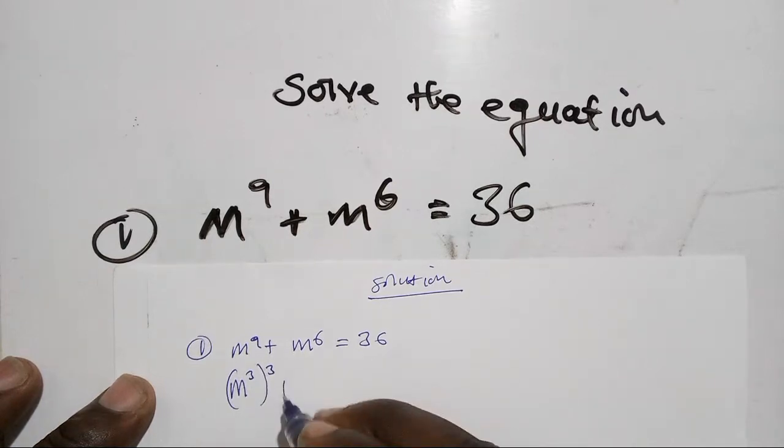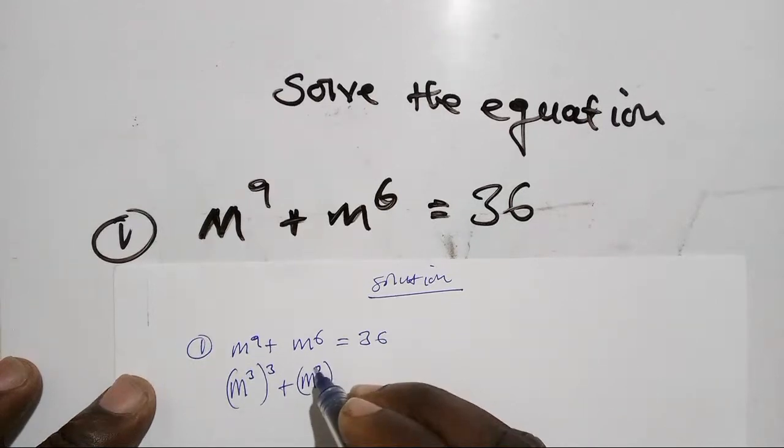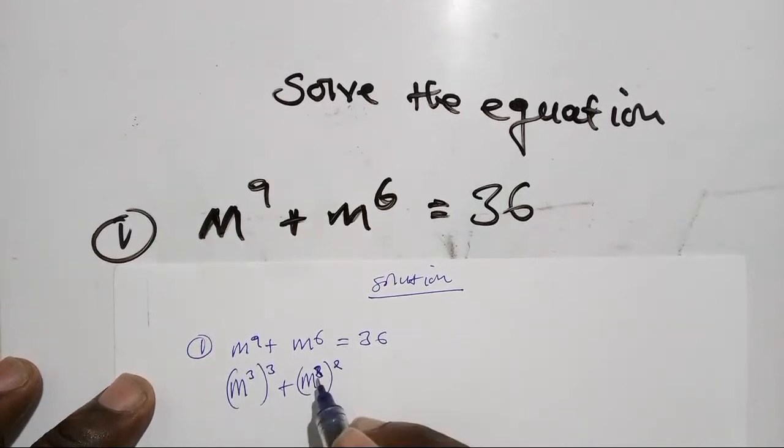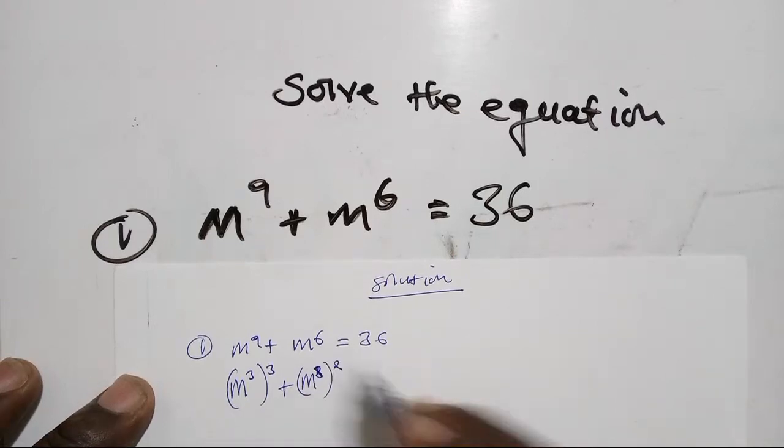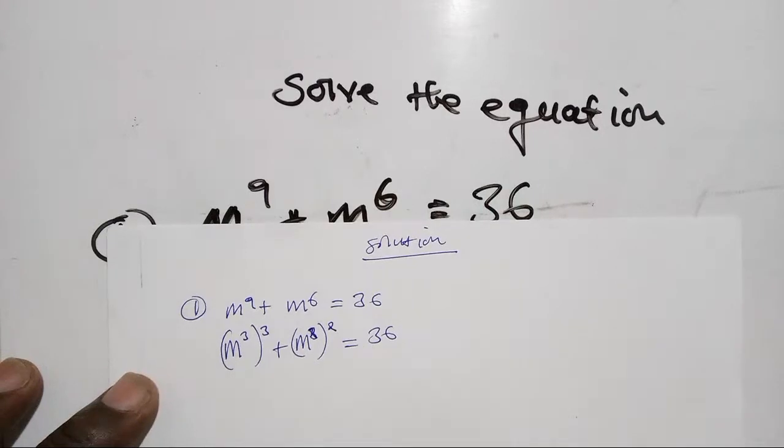Then plus, here we can say m power 3, power 2, 3 times 2, which is 6, which is equals to 86.